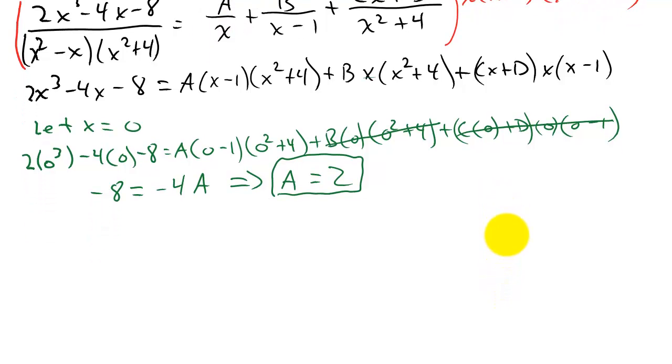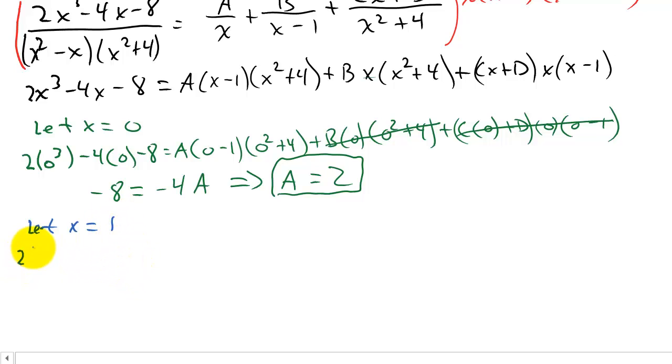Now let's see what I can do. How about if I let x equal 1? If I let x equal 1, that's going to take this out, and it's going to take this out, and I'll be able to solve for b. So I'm going to let x equal 1.